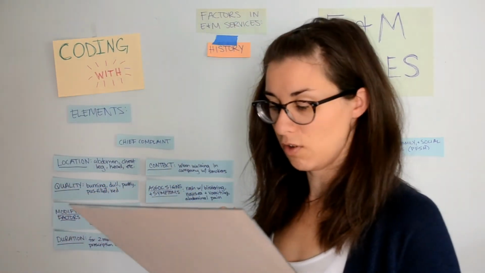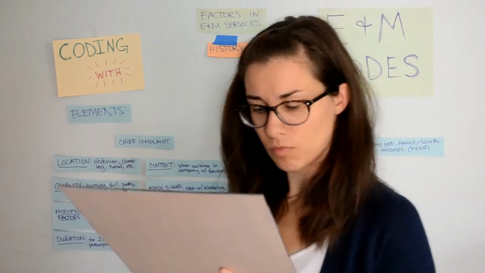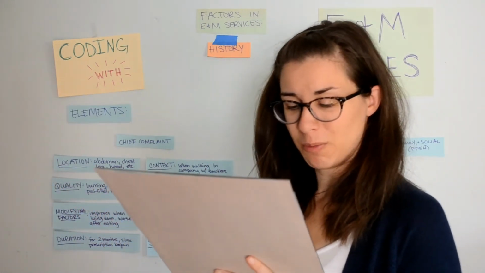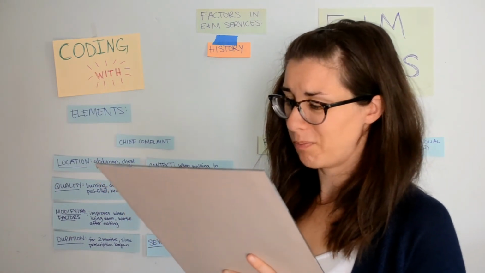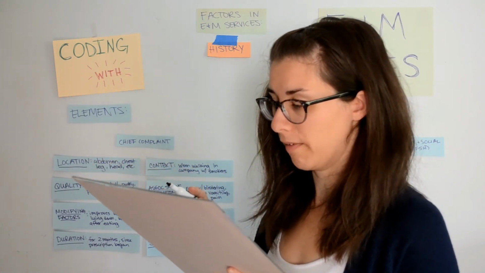There's nothing under review of systems. And the past medical, family, and social histories, we checked off 1. So that would be detailed, at least 1 item from at least 1 history area.